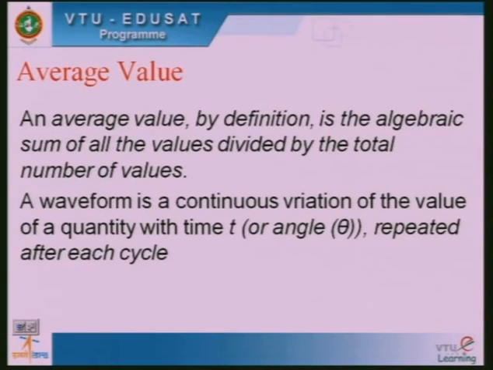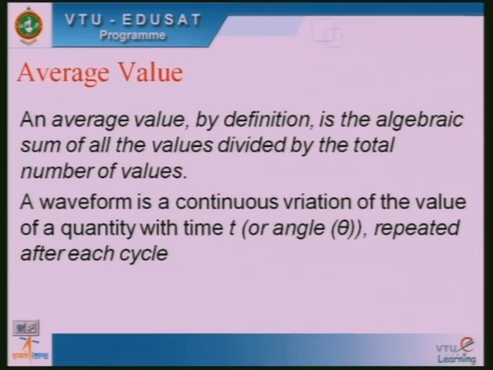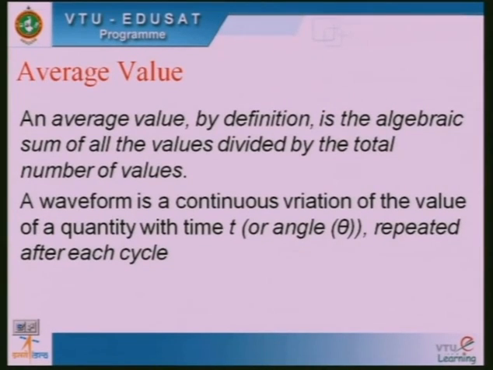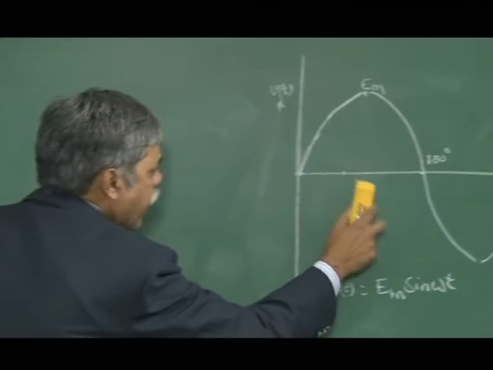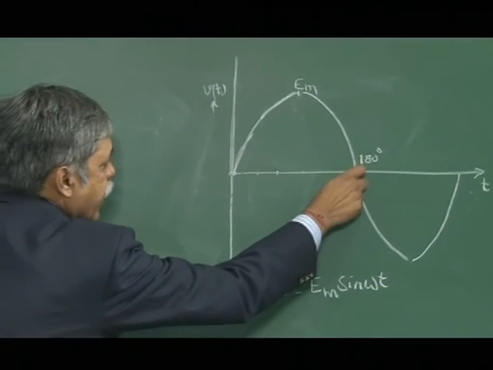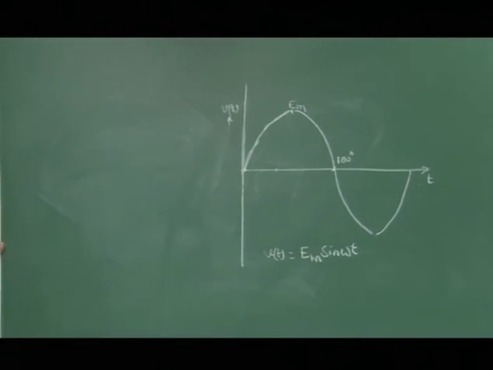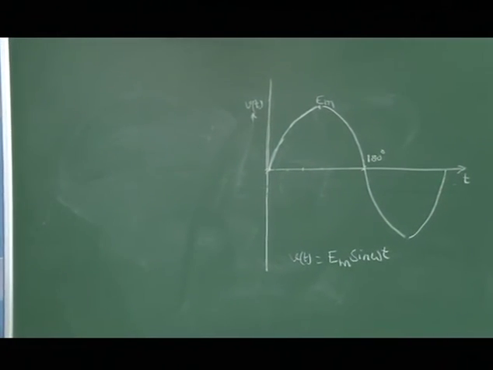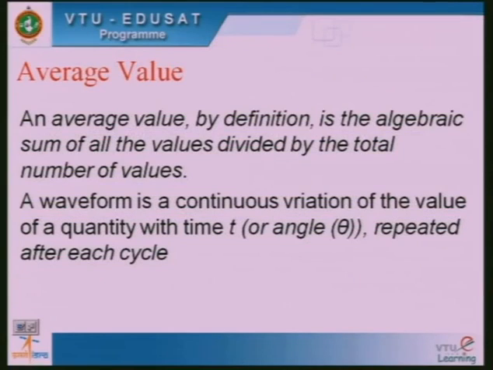By definition, it is the algebraic sum of all the values divided by the total number of values. I have the sinusoidal alternating quantity here. I take 0 to 180 degrees as a positive alteration and divide it into 10 equal parts. What do I mean by that?